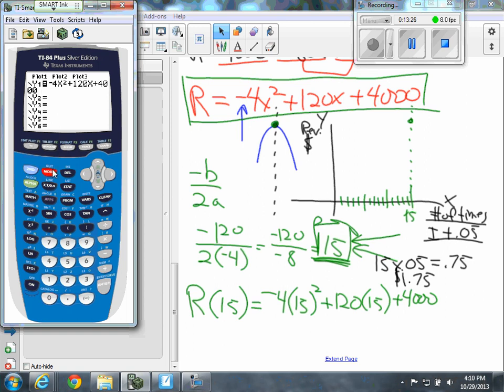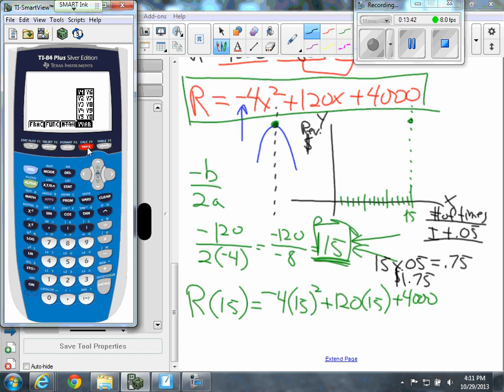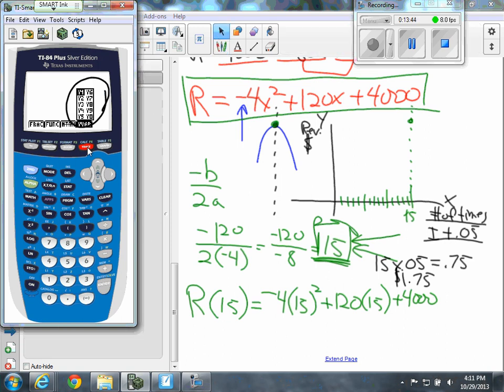I'm going to go back to my main screen by pushing second quit, second mode. And I'm going to evaluate that function for 15. So I'm going to go alpha F4, that's alpha trace button. And I get this little box right here, which offers me all of the different y values that I have input into my calculator, and I put that equation into y1.